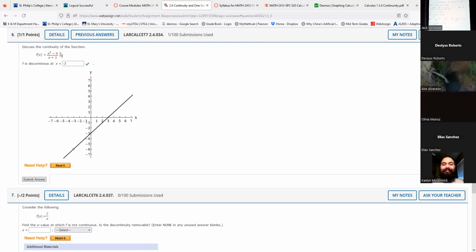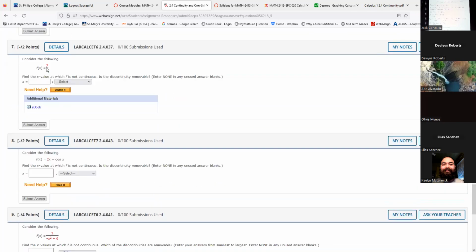Although it is technically removable because it cancels, right? With the difference of squares. But they didn't ask us about it. This would be an example of removable discontinuity, but they didn't say anything.